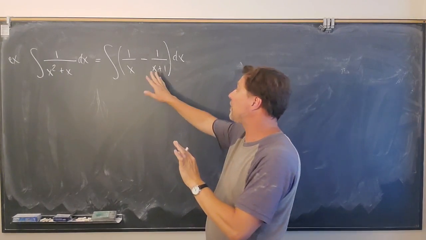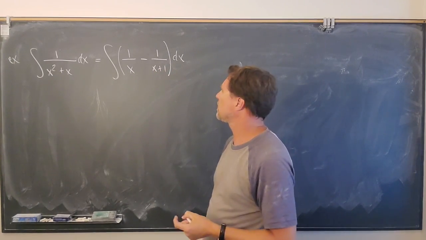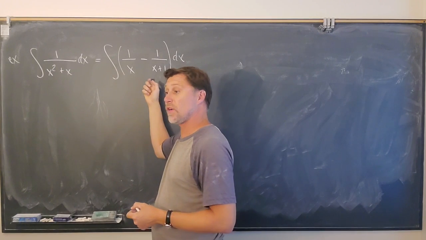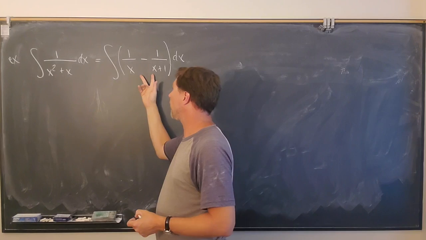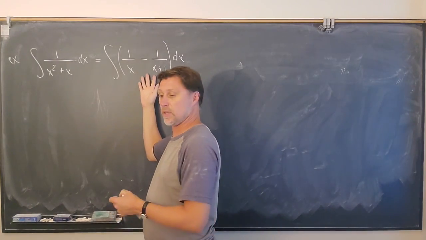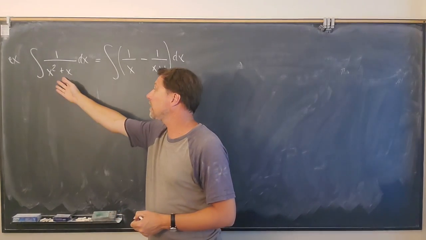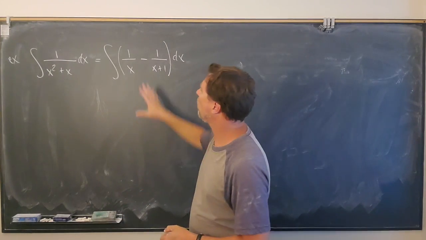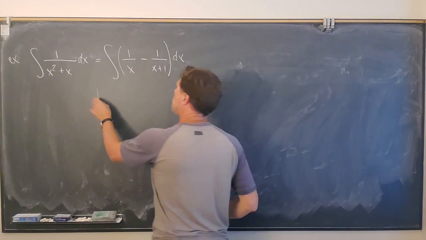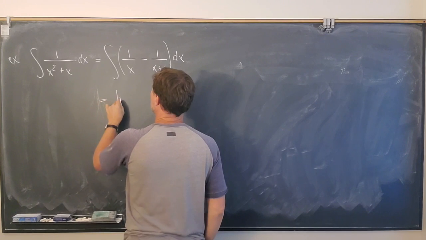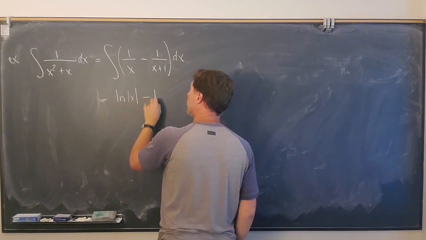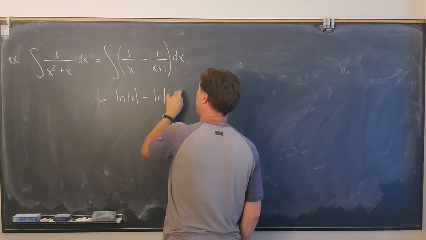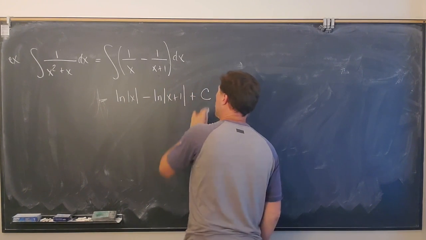It may not be obvious right now that this function is equal to this function, but if you were to get a common denominator over here, you would find that this integrand is exactly equal. And so now, to integrate this, we have an easy job. This is natural log absolute value of x. This next piece is natural log absolute value of x plus 1, plus c.